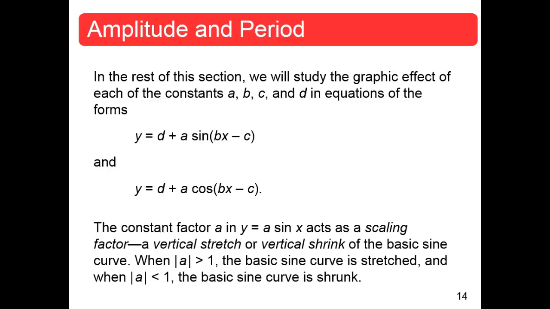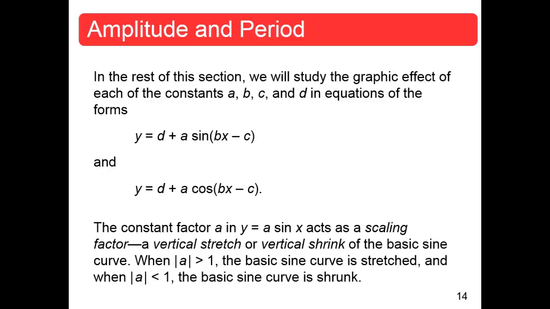So if you were going like this, and you negated it, it would go like that. So they're talking about the absolute value of A. Forget about what sign it is. If the absolute value of A is greater than 1, you have a vertical stretch, and the basic sine curve is stretched vertically. When the absolute value of A is less than 1, meaning between 0 and 1, then because absolute value won't ever be negative, you have a vertical shrink.